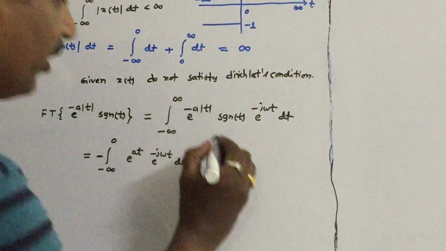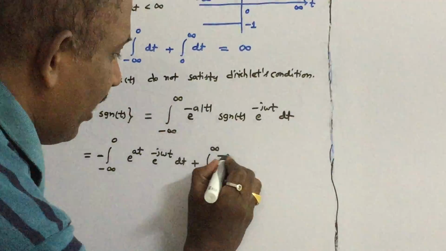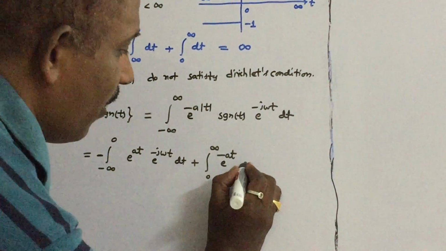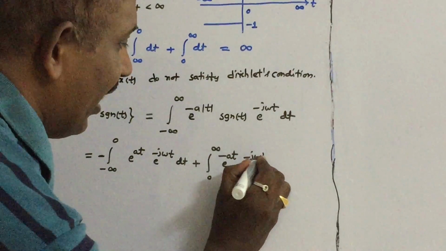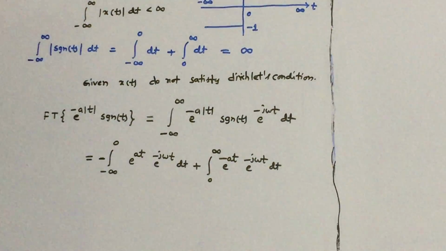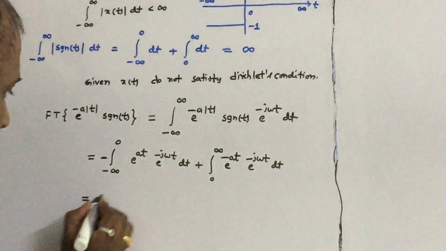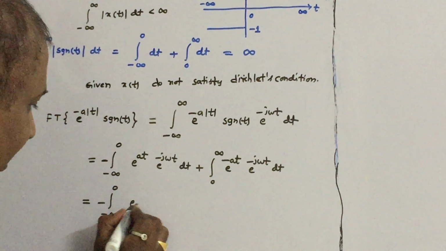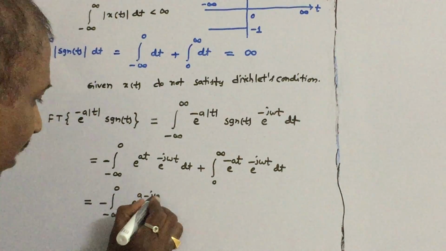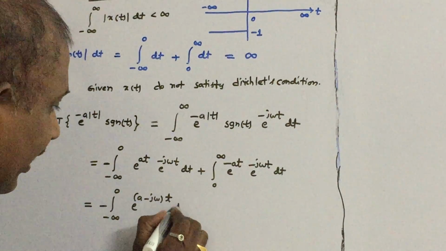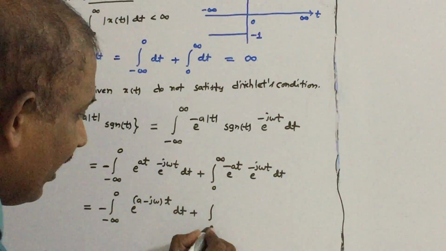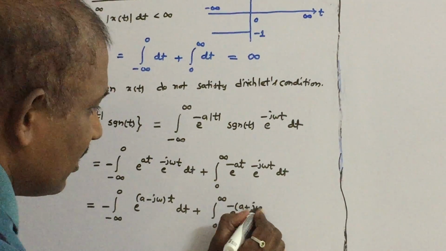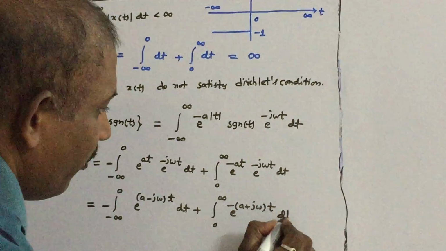In this interval, mod t is t, so it will become e power minus a t, and signum of t value is 1, times e power minus j omega t dt. So we can write: minus integral from minus infinity to 0 of e power a minus j omega t dt, plus integral from 0 to infinity of e power minus a plus j omega t dt.